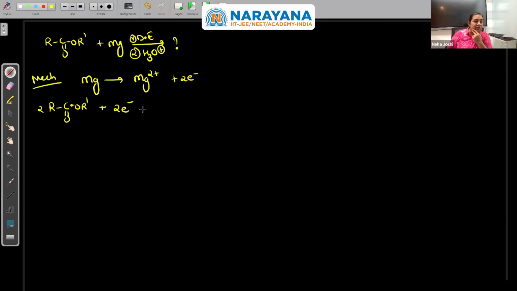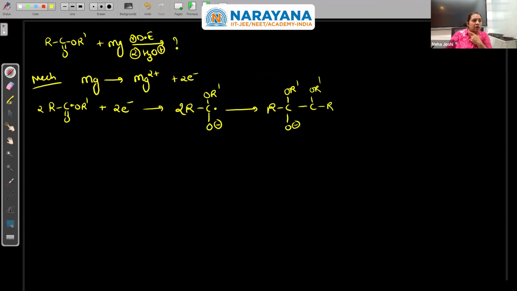This is also delta plus. So you will have RCOR dash O minus dot. We have two such species. They will collide together. O minus, OR dash, C, OR dash, R, O minus.